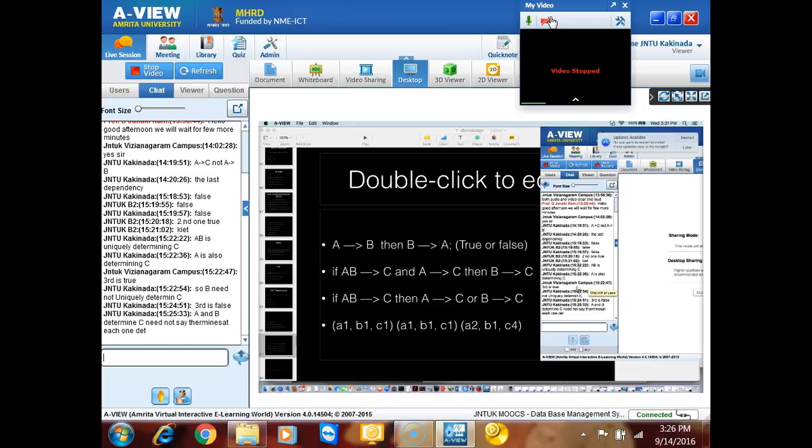Now you look at this. They agree on the value of B1. Will they agree on the value of C here? That's what this would imply if B determined C. If they agree on the value of B, they should agree on the value of C. This is only saying that if they agree on both A and B, then they agree on C.